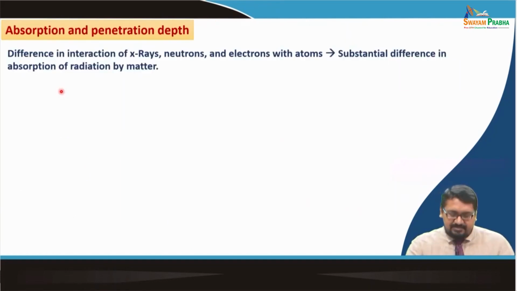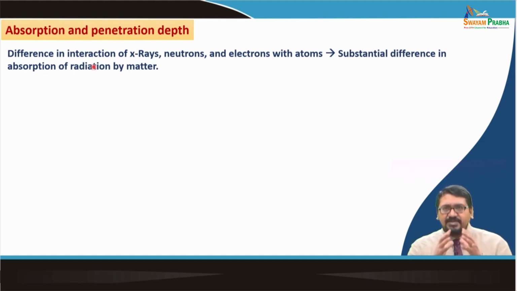In X-ray diffraction, absorption and penetration depth is a very important factor. It decides how much the radiation interacts and how deep it goes into the matter. This is true not only for X-rays but also for radiations such as neutrons and electrons.